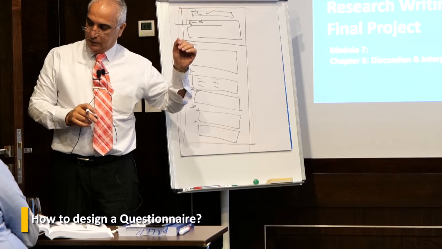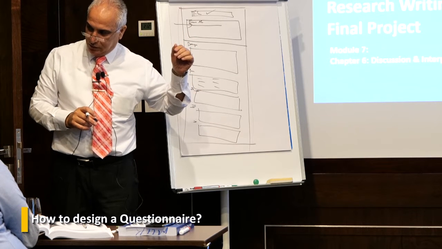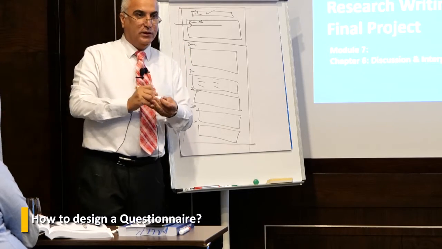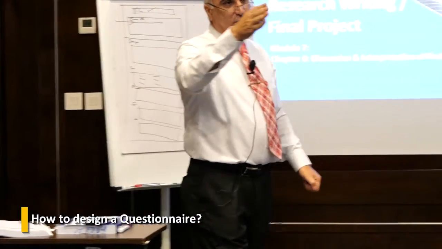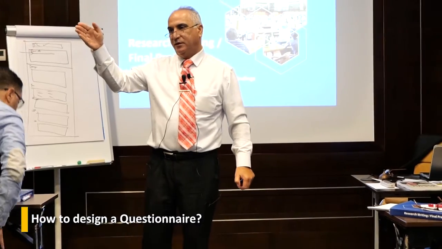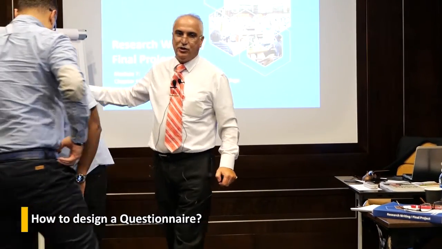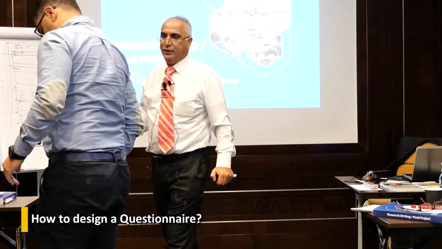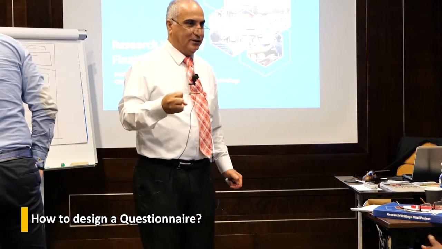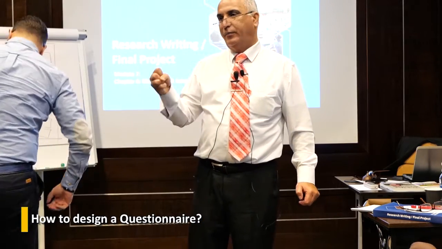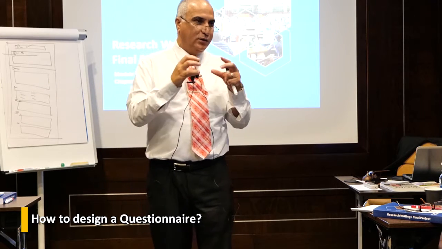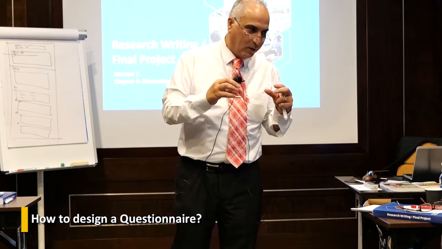Now, the second thing you need to do is say the aim of this questionnaire is to measure internet addiction among employees in the banking sector, as it's a part of an academic work. Why do I need to use the words academic work?